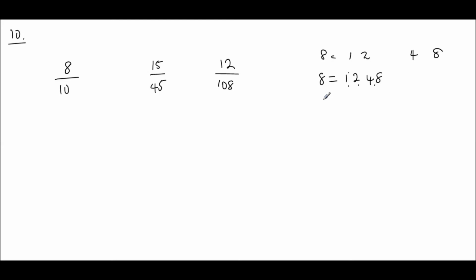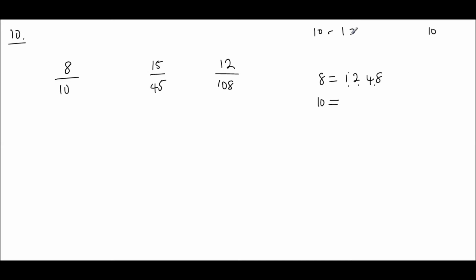Okay, what are the factors of 10? So we go through the same process. We'll write down 10. Factors of 10, we would just write 1 and we would write 10, and our aim is to close the gap. We're looking for factors between these two numbers here.